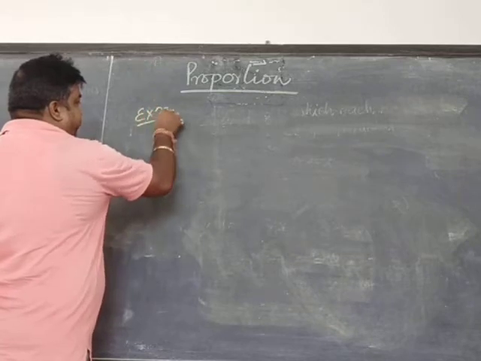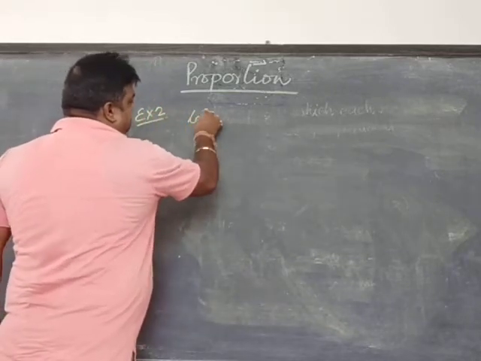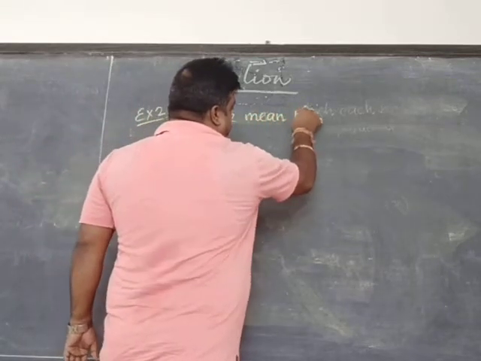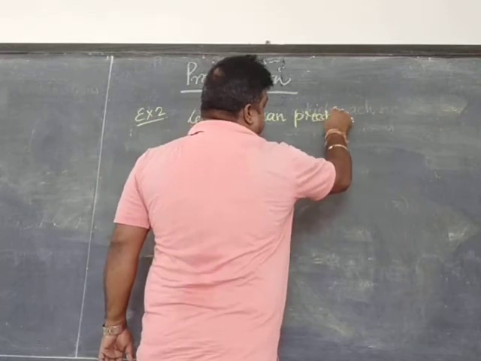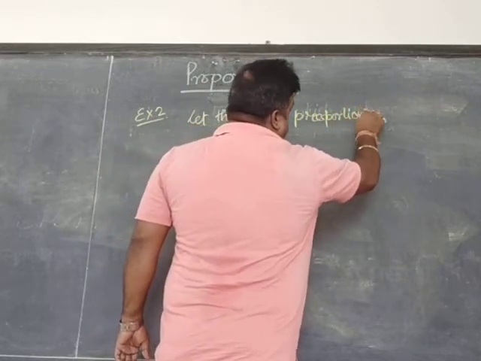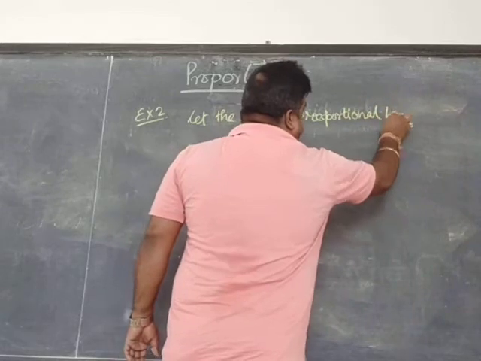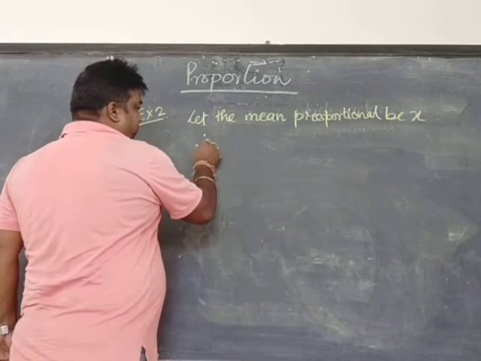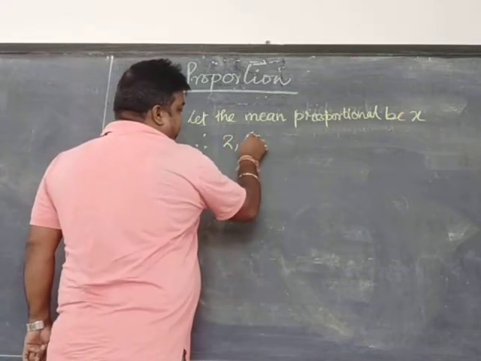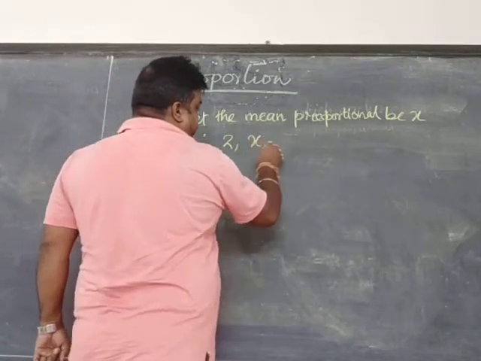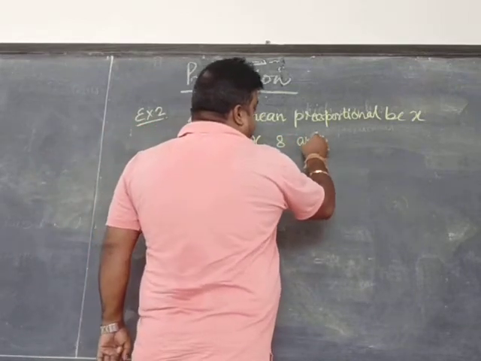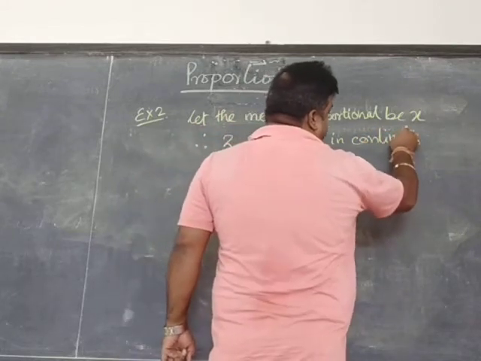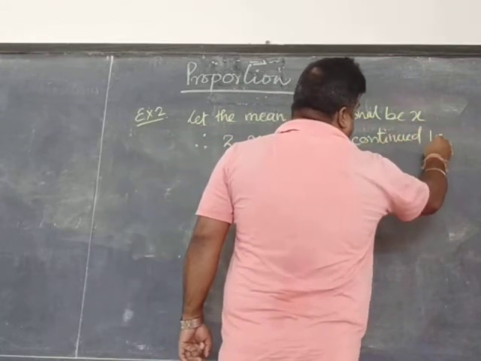Example 2. Let the mean proportional be x. Therefore, 2, x, 8 are in continuous proportion.